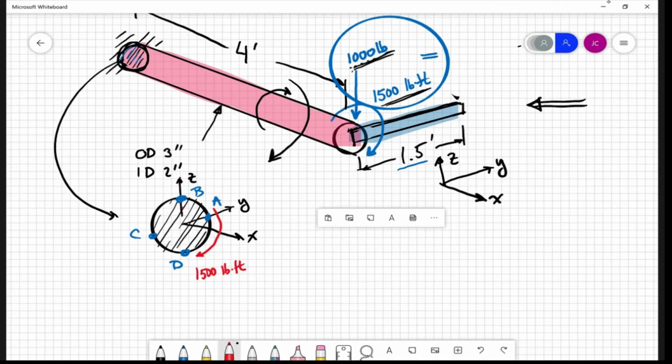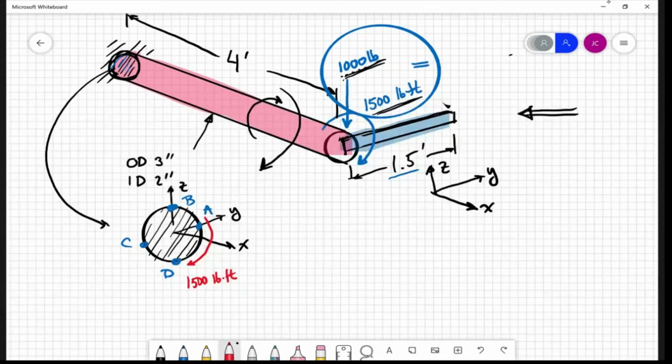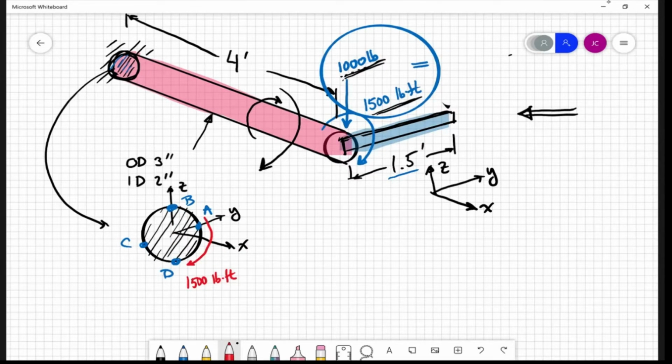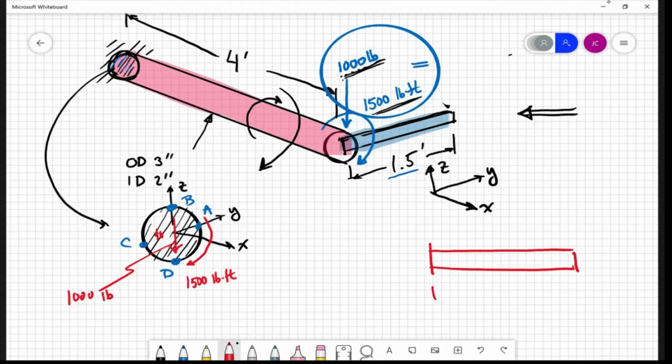Okay. I have the 1,000 pound shear force acting down, right? That's 1,000 pounds. Let's just do this with an arrow. That would be the shear force that you would see in the shear diagram due to the beam, if we look down this like it were a beam now. This is the 4-foot length, or 48 inches, whatever you want to call it.